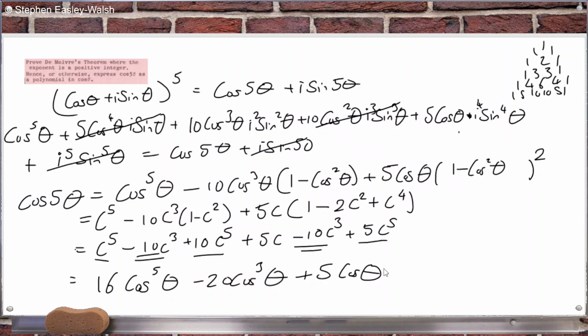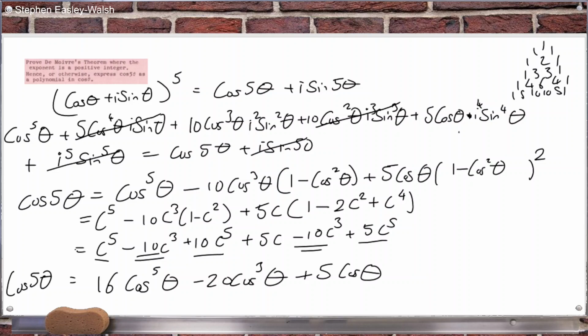Now the way you can check this is, for example, you could choose an angle for theta. Let's say theta is 10 degrees. So cos 50 should be the same thing as 16 cos 10 to the power 5, and so on. So if I just open up the calculator here, just to confirm my answer, I don't have a science calculator.